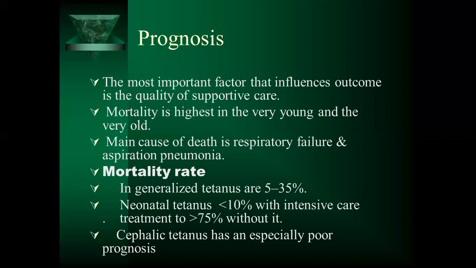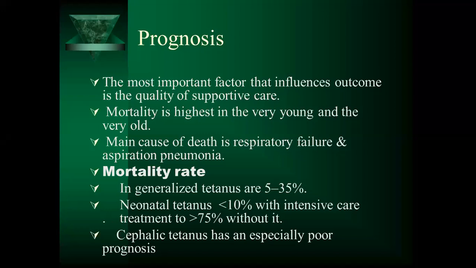The mortality rate in generalized tetanus is 5 to 35%. In neonatal tetanus, with very good intensive care, it is less than 10%. So out of 10, 9 patients can recover if there is very intensive supportive care. But if there is no intensive supportive care, in neonatal tetanus 75% of patients can die.